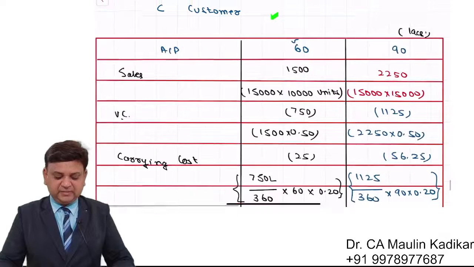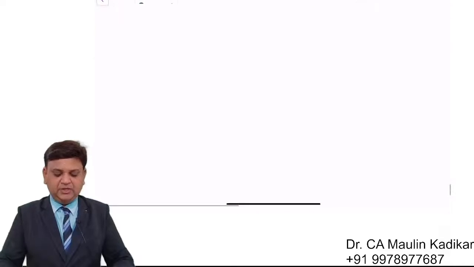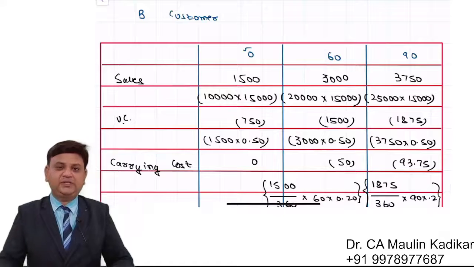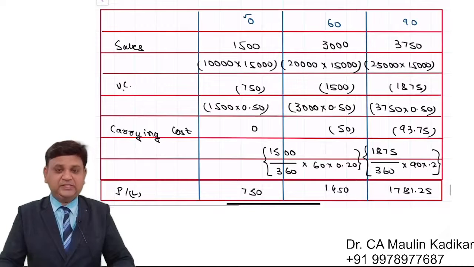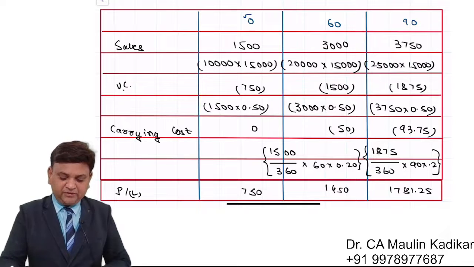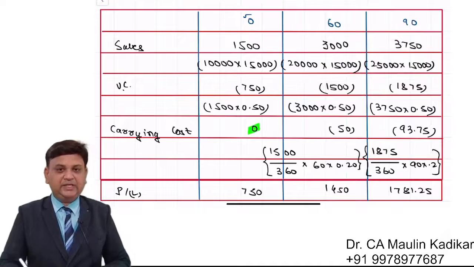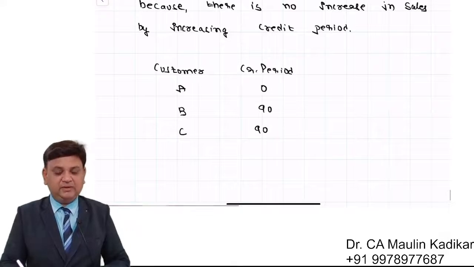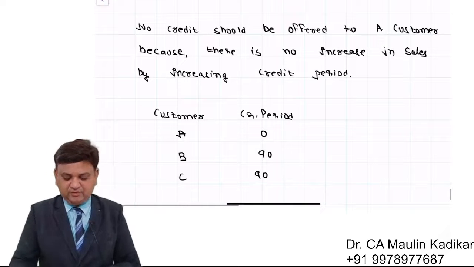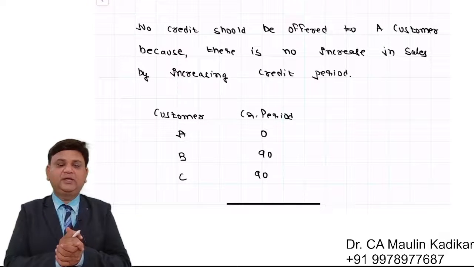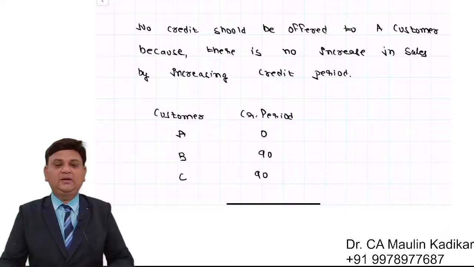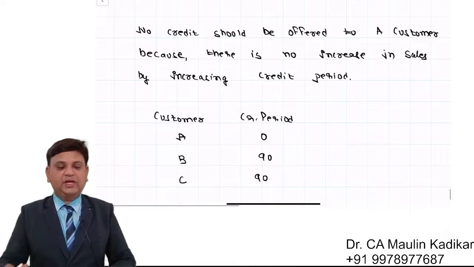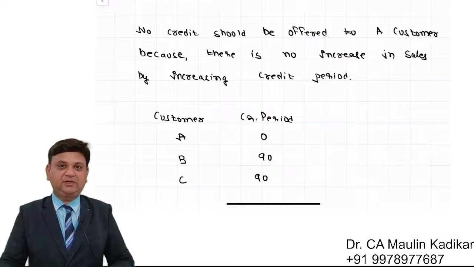Similarly, for B customer we do the answer for the 3 credit periods given to us: 0, 60 and 90. Importantly, if no credit is offered to a customer, then the carrying cost would be 0. And for A customer, there is no credit to be offered. Why? Because offering credit does not benefit us in the form of an increase in profit. That is the reason.